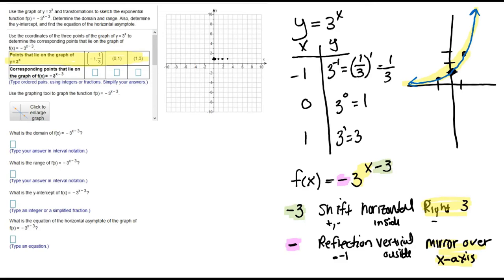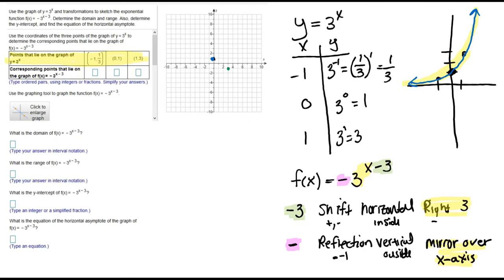That moves that point to the right 3. Then we're going to mirror or reflect. You see this point is 1 above the x-axis. To reflect it, we'll go 1 below. So let me erase. We started with a point on y equals 3 to the x, and we moved it to our final graph of y equals negative 3 to the x minus 3.